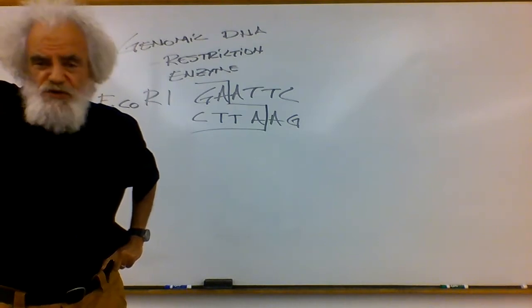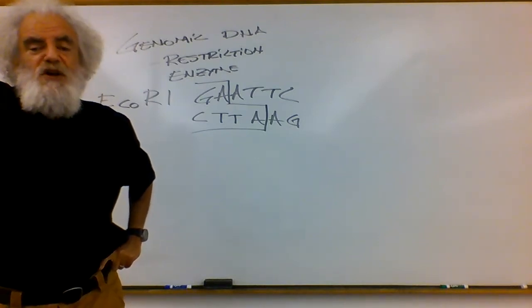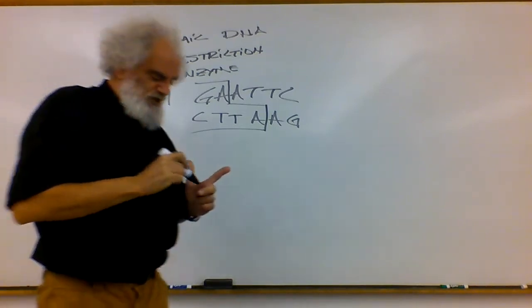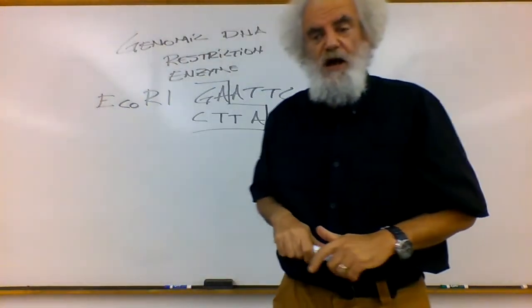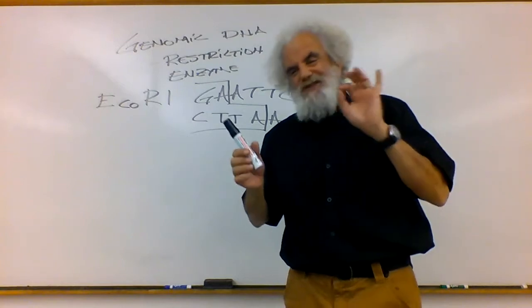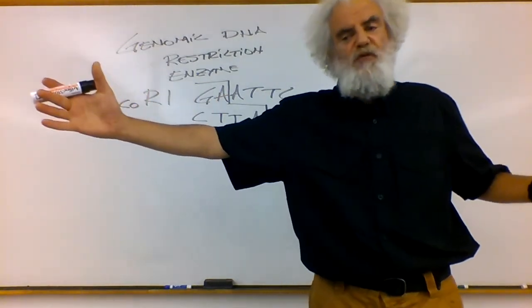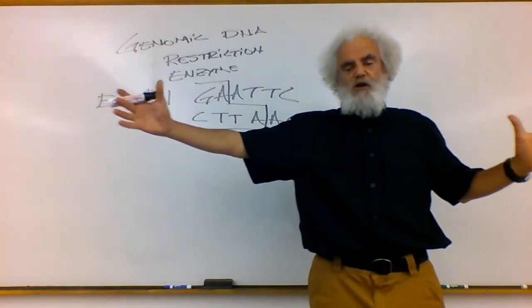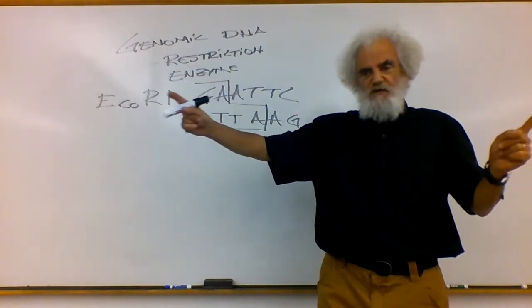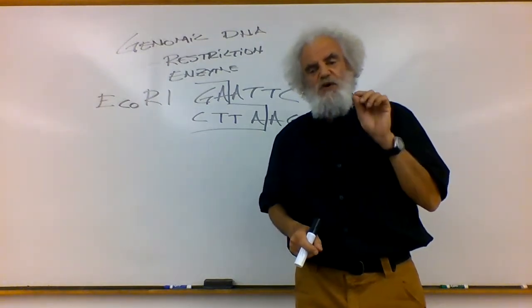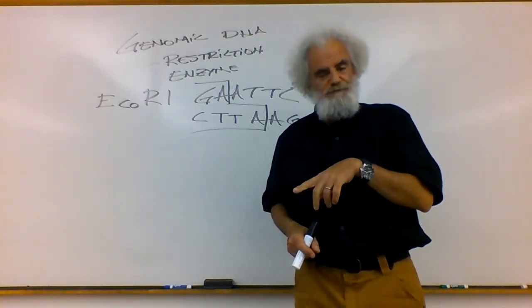There are a bunch of restriction enzymes that recognize 4 nucleotides. There are a few restriction enzymes that recognize 8 nucleotides, and then there are just a handful that recognize a restriction site that's like 11 or 12 nucleotides. The bigger the restriction recognition site is, the less frequent it's going to be found in a genome.